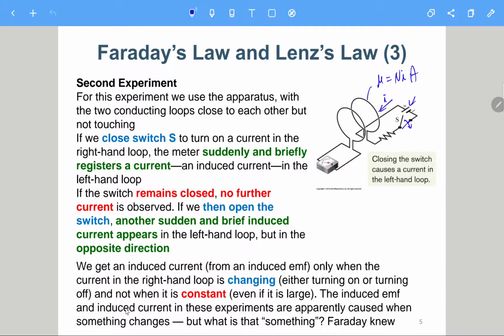The induced EMF and induced current in this experiment are apparently caused when something changes. But what is that something? Faraday knew.